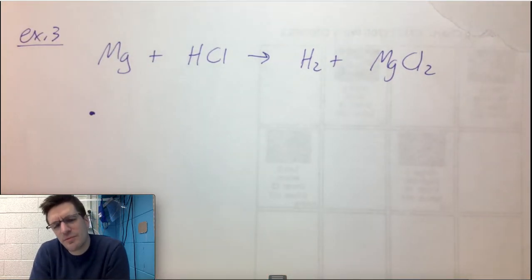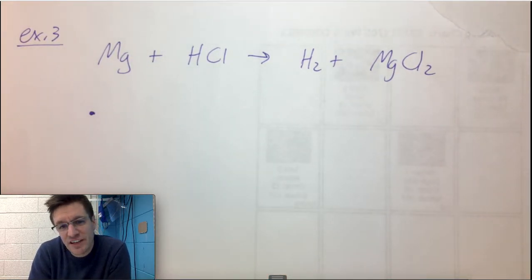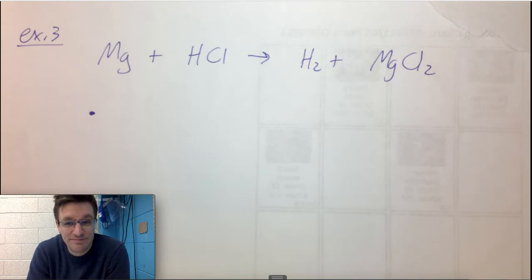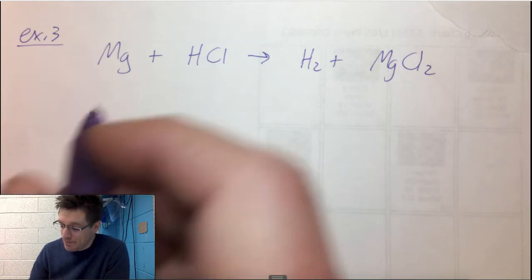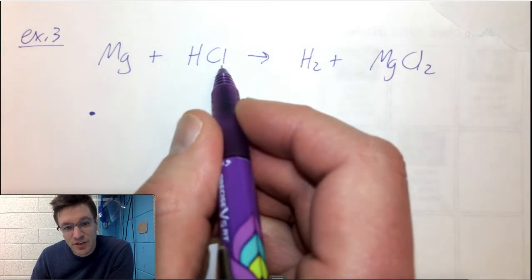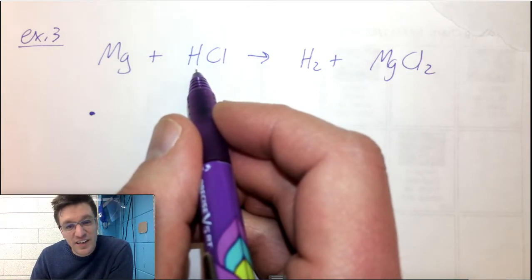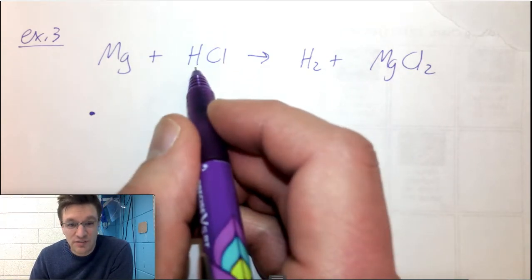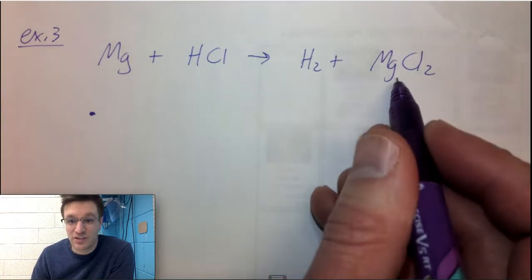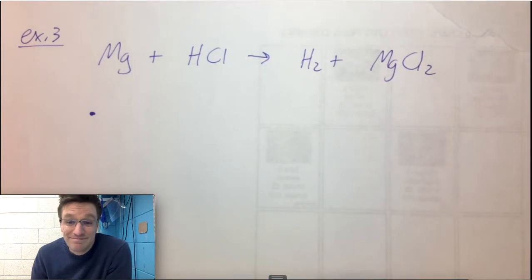Pause the video and think about what kind of a relationship event would this correspond to. So assuming you've paused and thought about this, this is kind of like, hydrogen and chlorine are married, but they're not really satisfied. So chlorine leaves hydrogen and goes and gets married to magnesium. Okay?